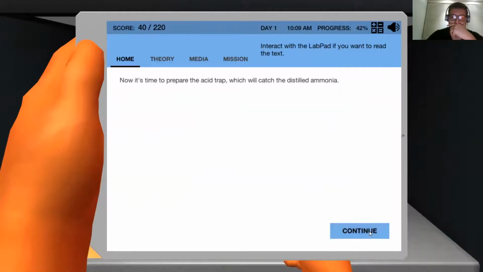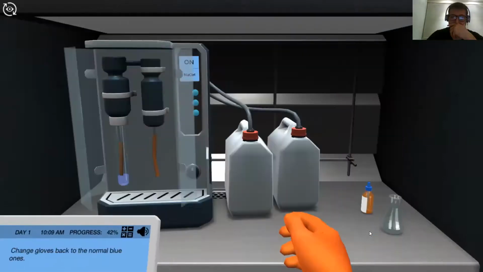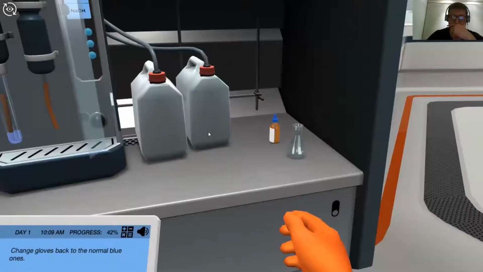Now it's time to prepare the acid trap, which will catch the distilled ammonia. Change gloves back to the normal blue ones.